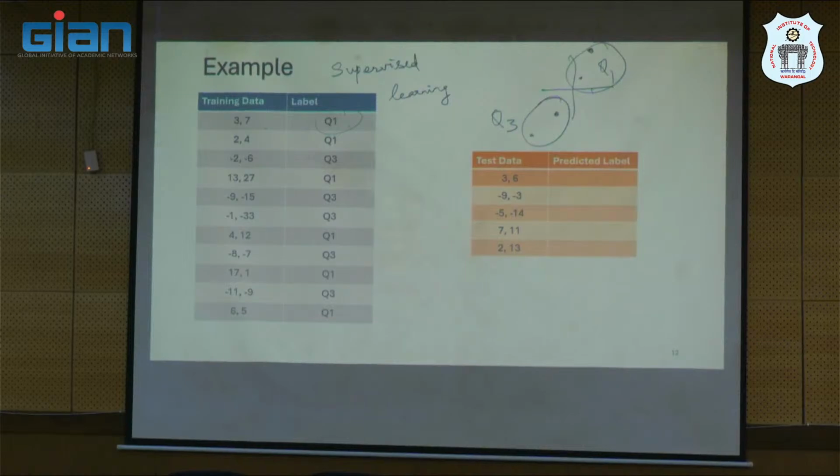You can give 0 or 1, rather than saying Q1, Q3. And this is known ahead of time, and we use that information to train our model, and therefore we call that supervised learning. Somebody is telling you ahead of time that this is how it should be classified.